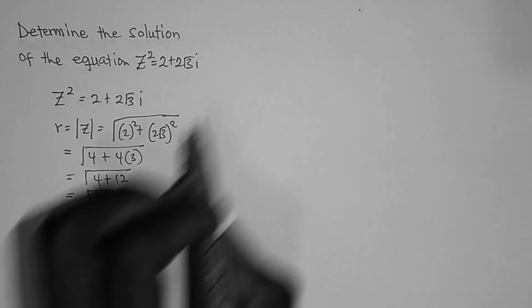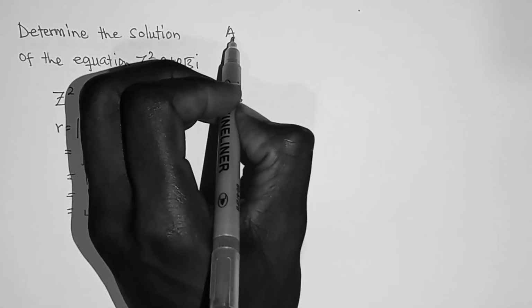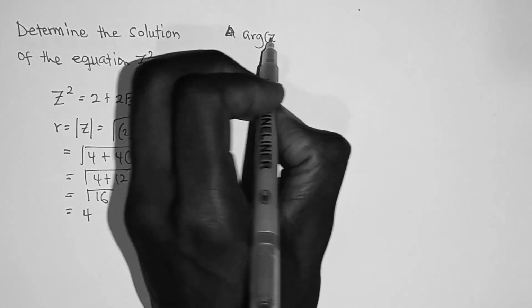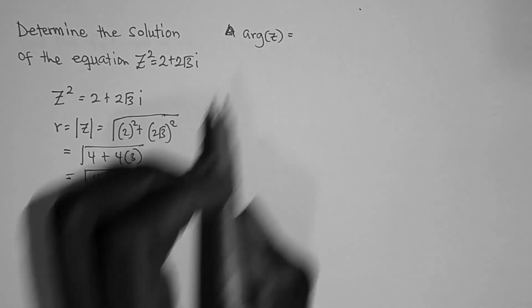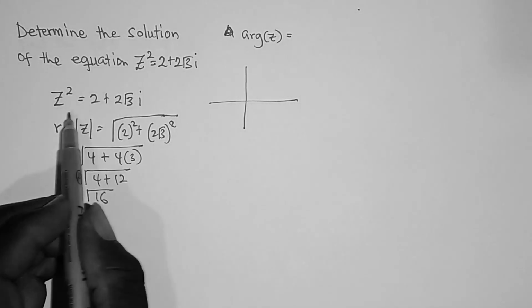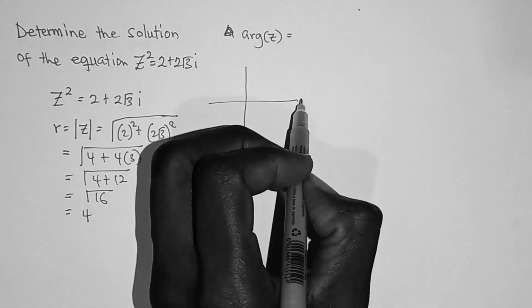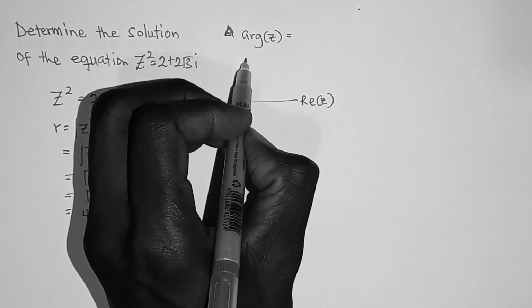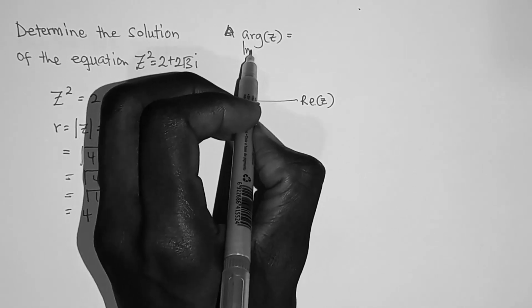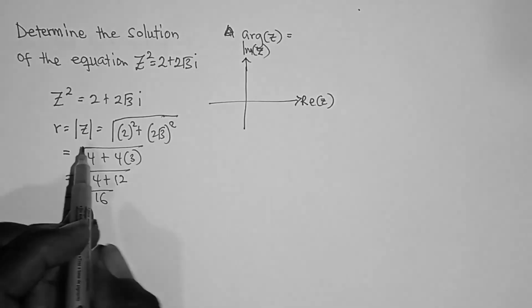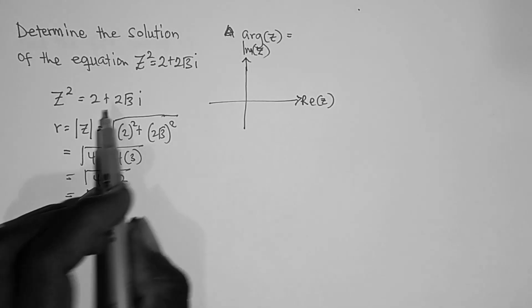Now let's find the argument of z. To find the argument we need to sketch the complex number. So this is the real part of z, and this is the imaginary part of z. So it is 2 plus 2 root 3i.